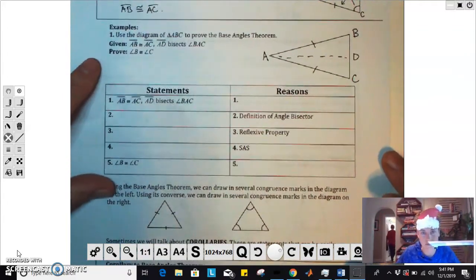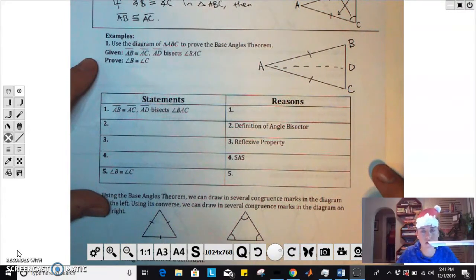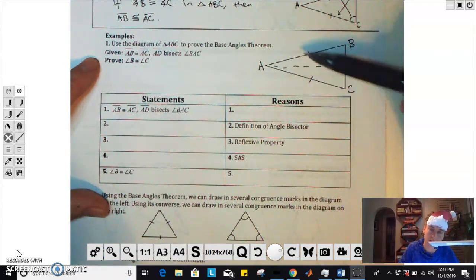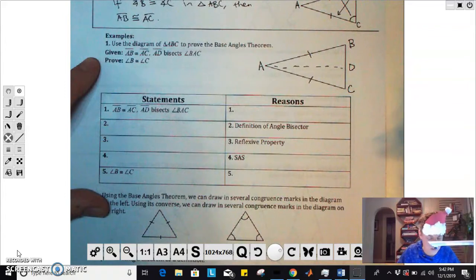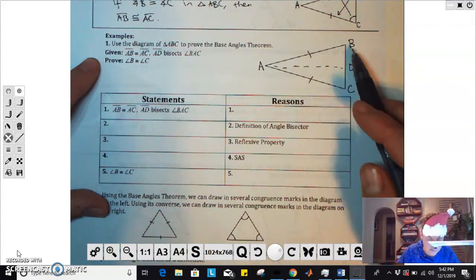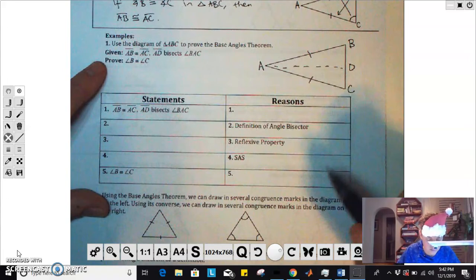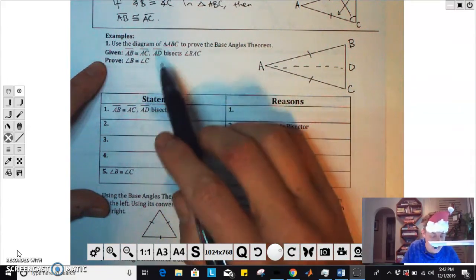in this next example. Use the diagram of triangle ABC to prove the base angles theorem. What did the base angles theorem say? It said if the sides are congruent, then the base angles will be congruent. So we're given this diagram where AB is congruent to AC and segment AD bisects angle BAC.